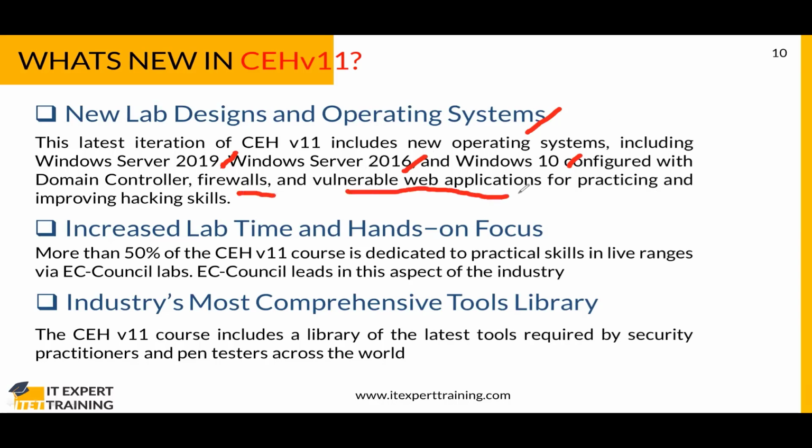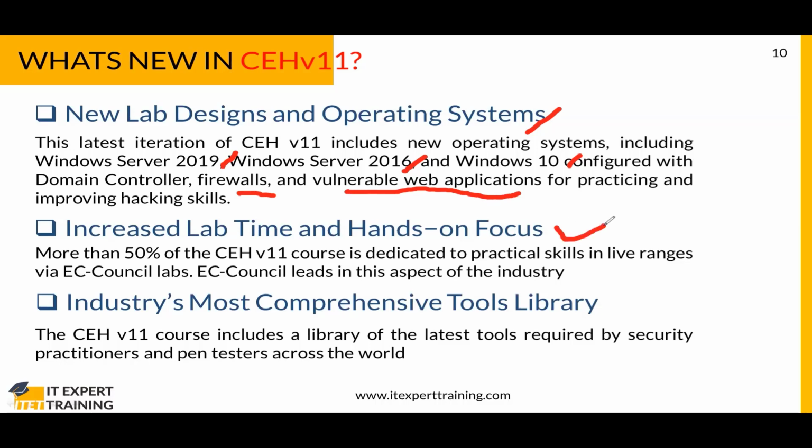And they have introduced web applications for practicing and improving hacking skills. So we have something called iLabs, where you can go and practice whatever you learn. We will give you a tool, but iLabs also has to be purchased. Once you buy, you have the entire lab where you can repeatedly do all this simulation in a very controlled environment, so that you can become someone who is very strong in ethical hacking.